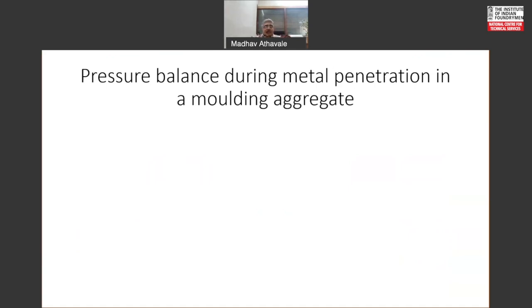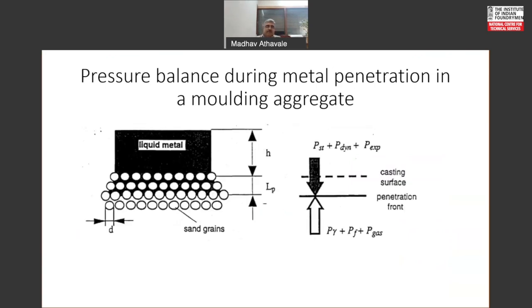On the left side, you see rows of sand grains, which form a mold or core surface, and there is liquid metal. And through the pores in the sand grains, we see some metal gone in. Now, H is the head height. LP stands for length of penetration inside the mold or core surface.